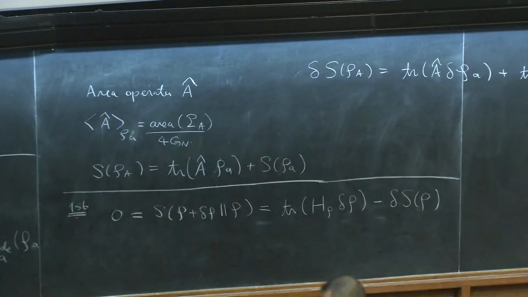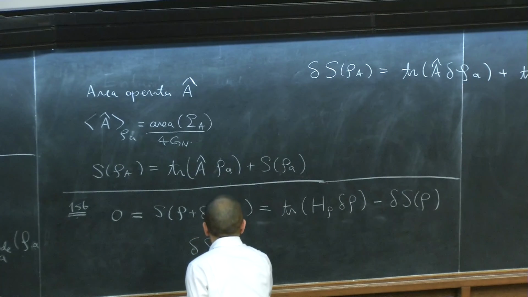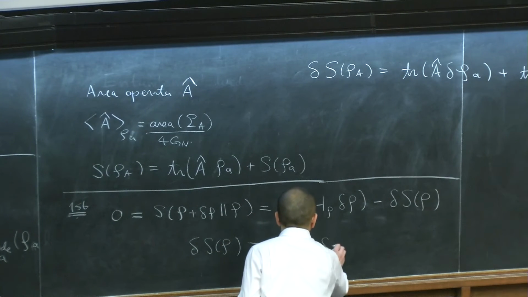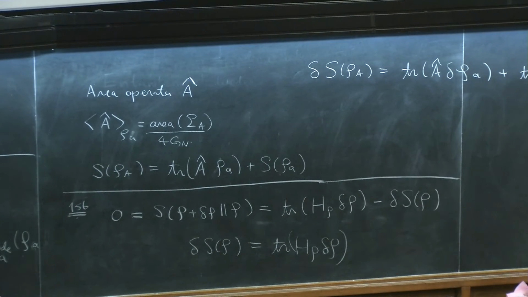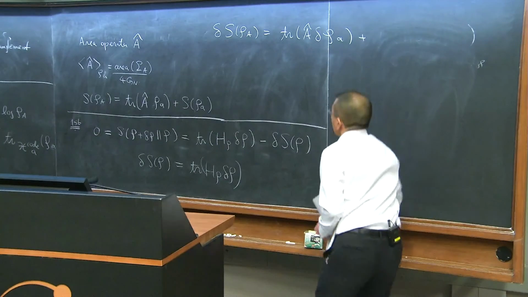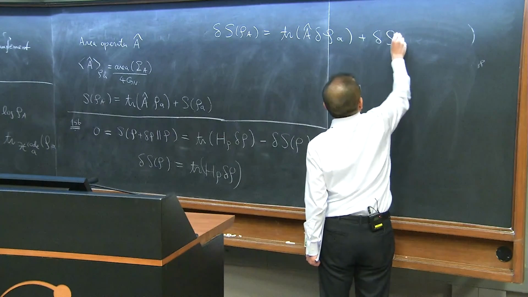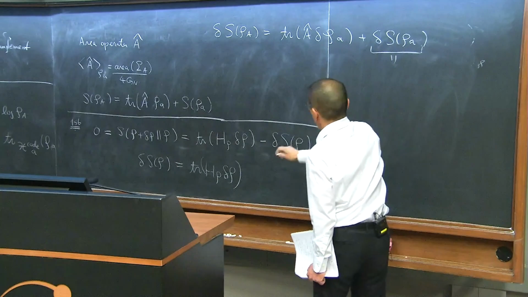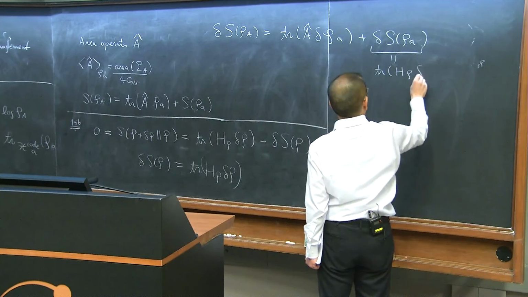So this equality means that delta of S of rho is given by the trace of H rho delta rho. And this is true for any density matrix. So in particular, if I apply this over here, you have S of rho A, but that, according to the first law of entanglement, should be given by the trace of H rho delta rho.